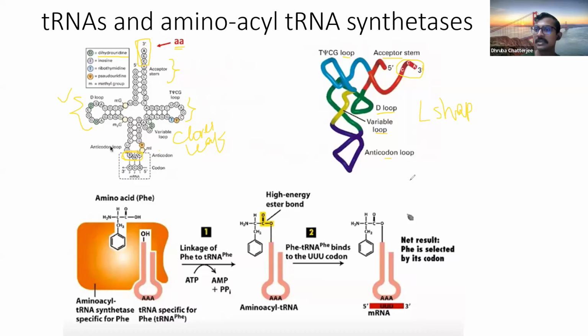One of those levels is that a certain amino acid needs to be loaded on a tRNA having a certain anticodon nucleotide sequence. That is ensured by a set of enzymes called the amino acid tRNA synthetases. These synthetases recognize a certain tRNA having a certain anticodon sequence, and recognize the particular free amino acid which is to be loaded on this tRNA, right?